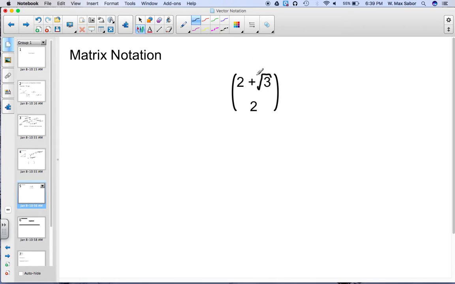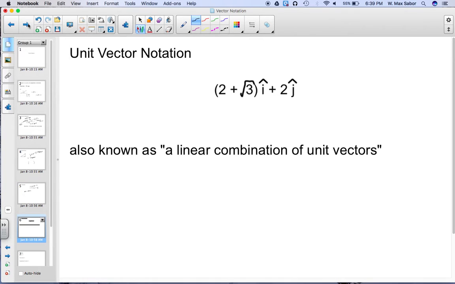It's always this type of matrix where it just has a single column. So one column, and the first one is the x, and the second one represents the change in y. So all of these are different notations, and the last one is unit vector notation.